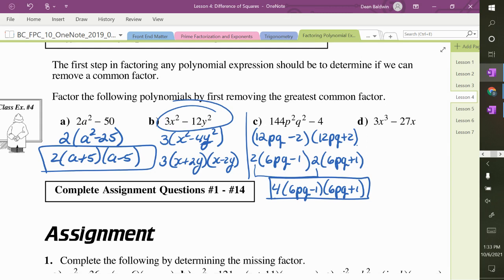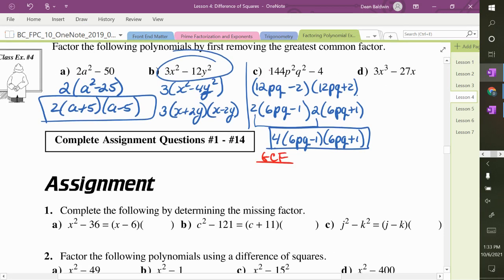If you take out a common factor first, is there a common factor of 144 and 4? 4. So if you factor out the GCF first from the original, I get 36.